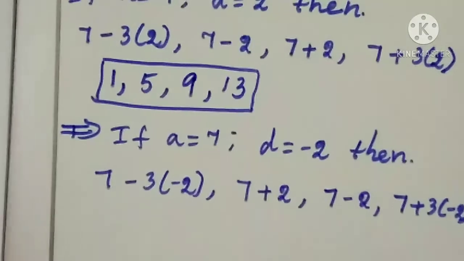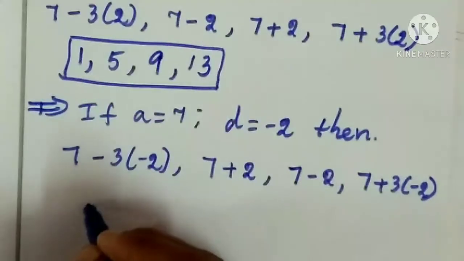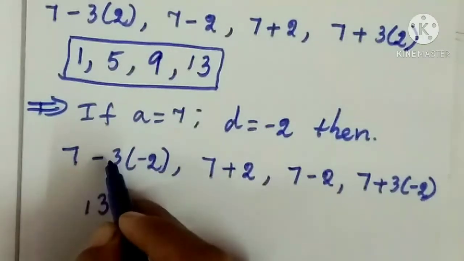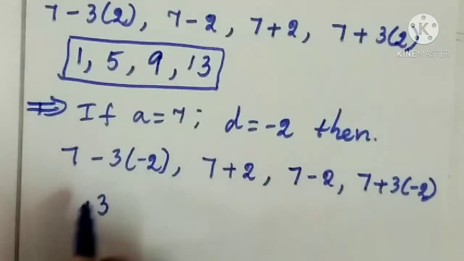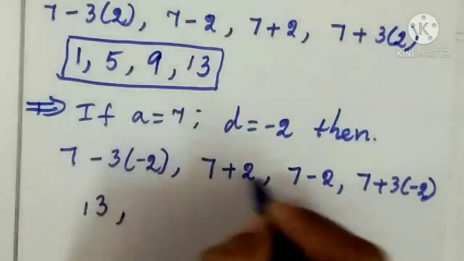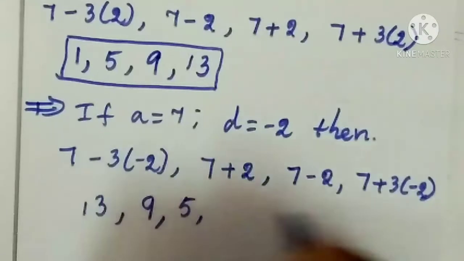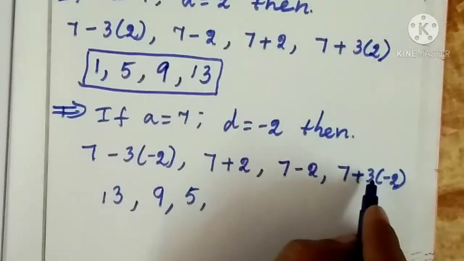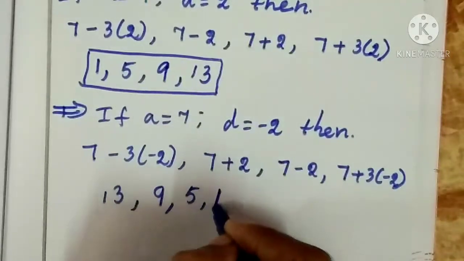Now simplify this: 3 into minus 2 gives plus 6, so 7 plus 6 is 13, then 7 plus 2 is 9, 7 minus 2 is 5, then 3 into minus 2 is minus 6, and 7 minus 6 is 1.